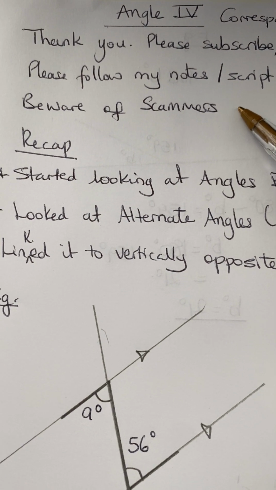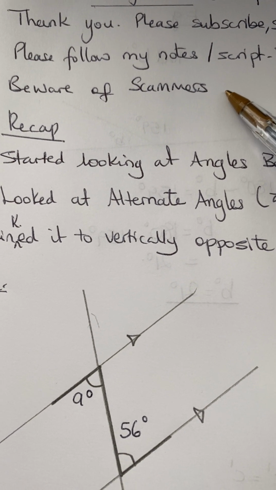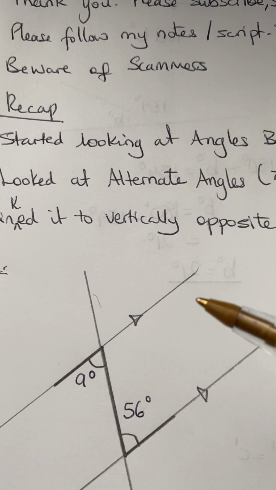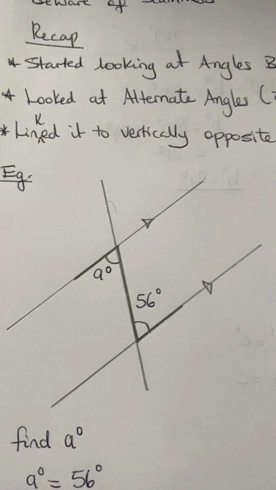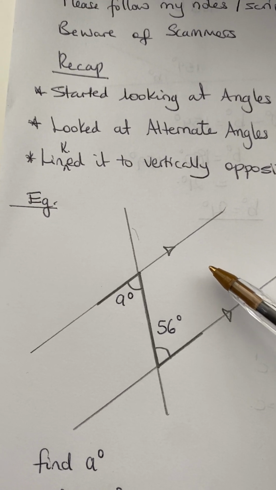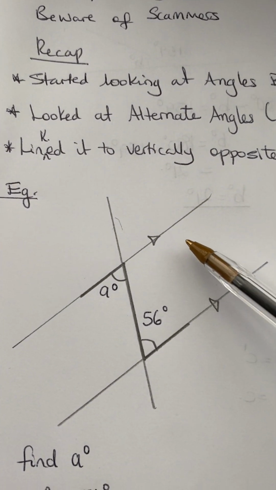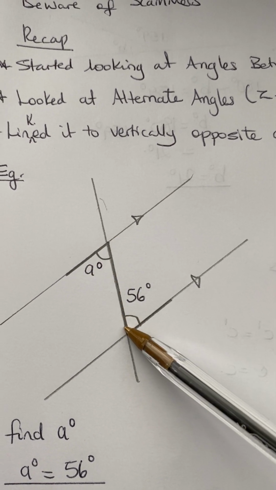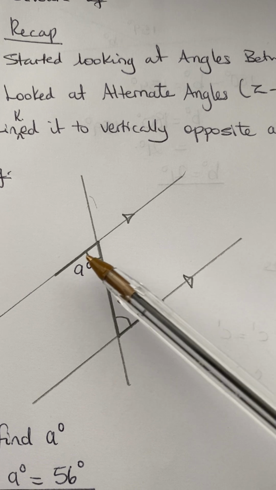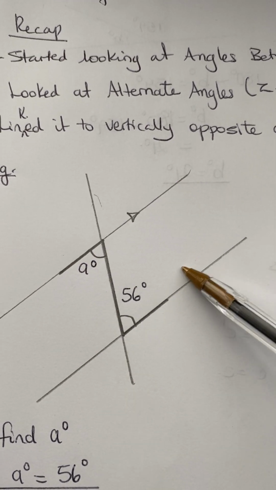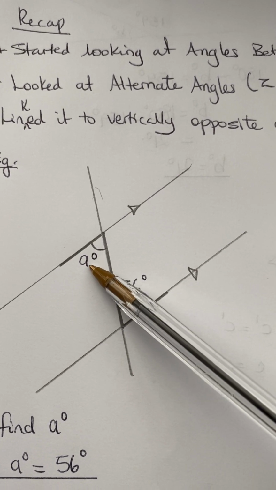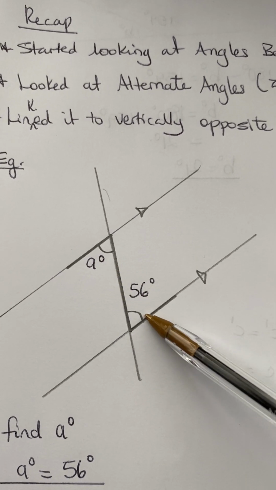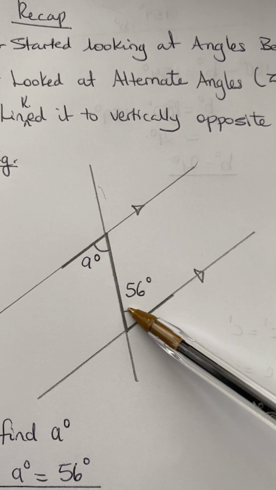Okay, now with angles, as I explained, you need to watch what I'm talking about. So yesterday we were talking about alternate angles, where we saw the shape Z on two parallel lines. Okay, so assuming I'm pointing to the angles that are equal, you need to watch.